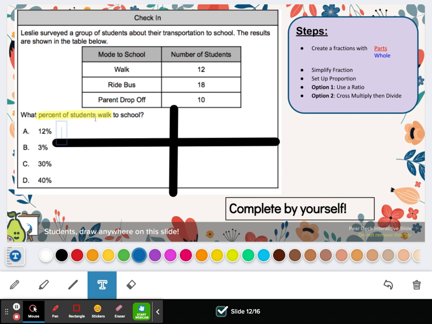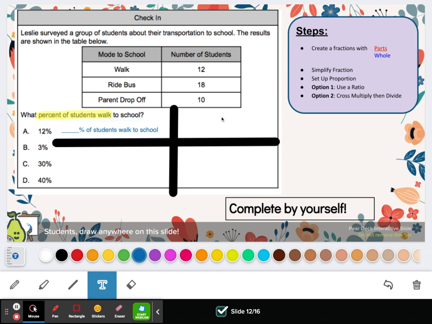So we're going to rewrite our question as our statement. So it says blank percent of students walk to school. Let's make this smaller. Okay, so you're going to go right there.